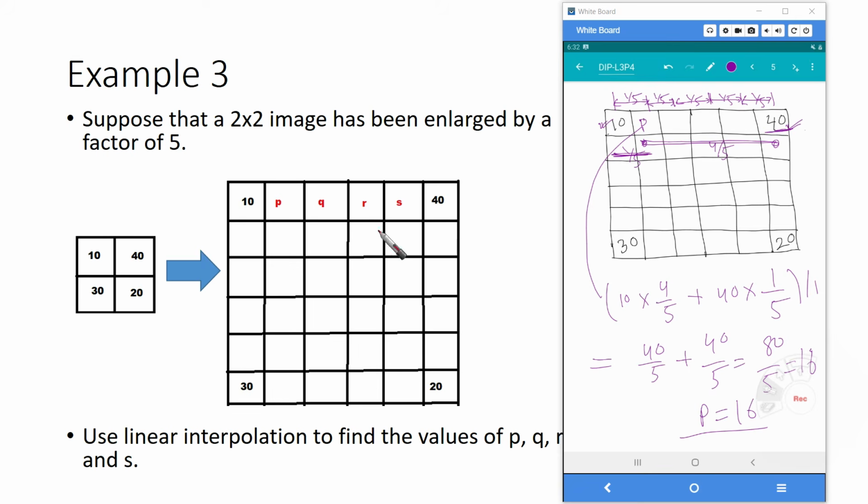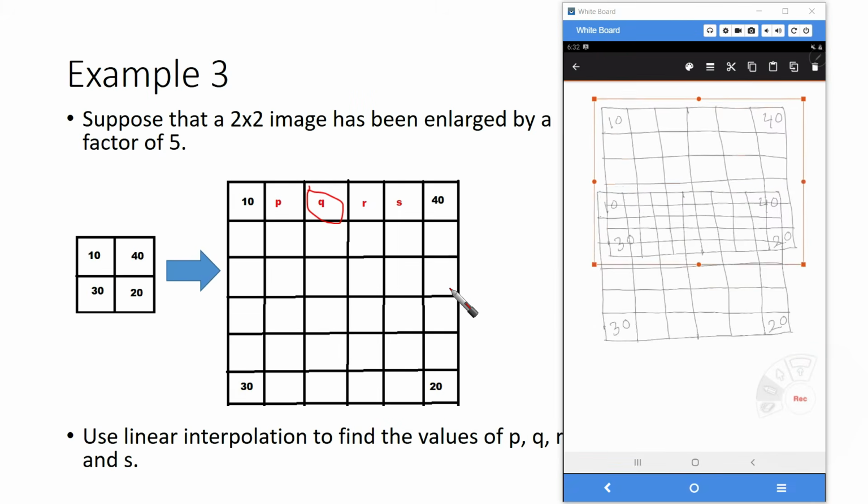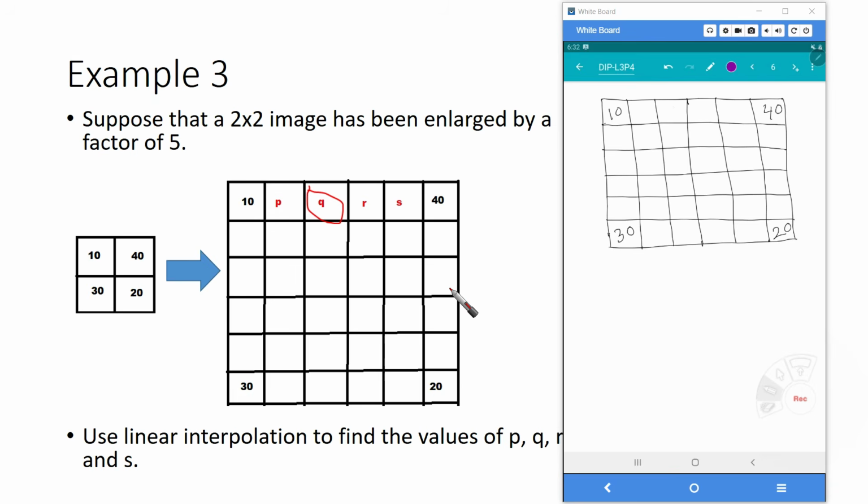Now what is the value for Q? Q is this point. The distance from this side is 3 over 5 and from this side is 2 over 5. So the value of Q is 10 multiplied by 3 over 5 plus 40 multiplied by 2 over 5.